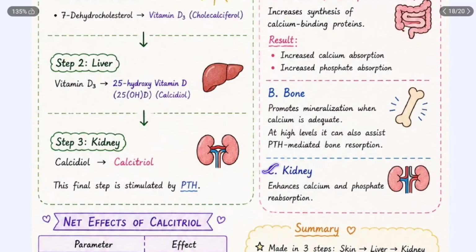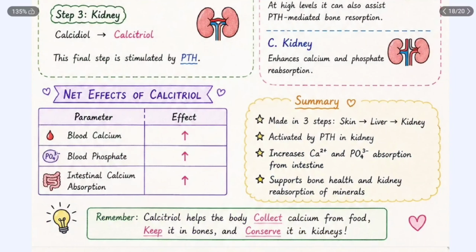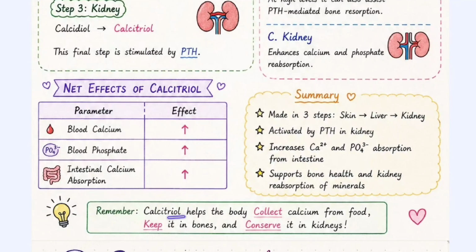And in kidney, it enhances calcium and phosphate reabsorption. So, the net effects of calcitriol are increasing blood calcium level, increasing blood phosphate level, and increasing absorption of calcium from the intestine. We can say calcitriol helps the body collect calcium from the food, keep it in bones, and conserve it in kidneys.